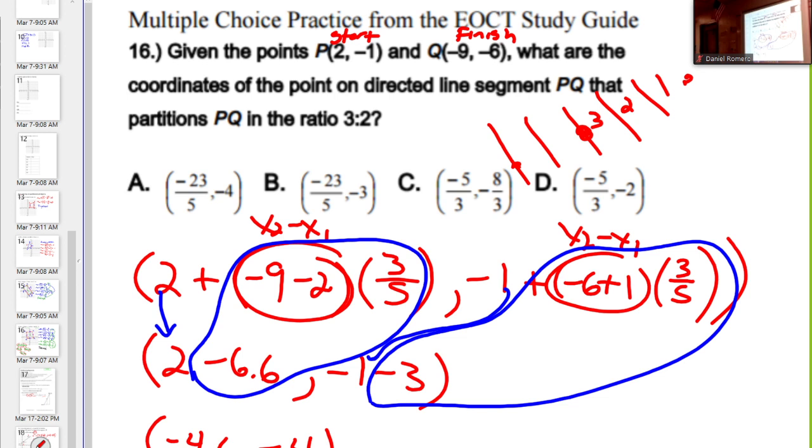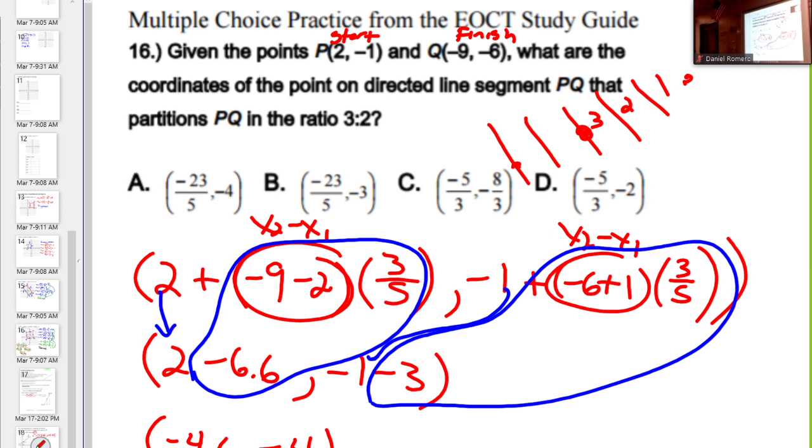Let me see. 2 plus -9 minus 2. I did that right. They go backwards and do it the other way? The segment PQ that partitions PQ into 3/5. -11. I'll do it my way. My way is right. I don't know why this is so off.